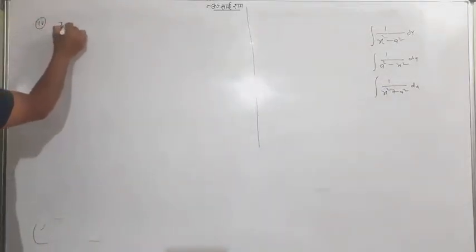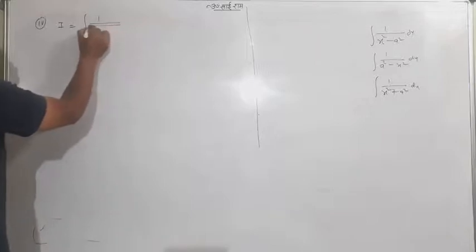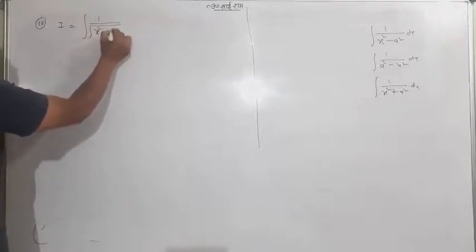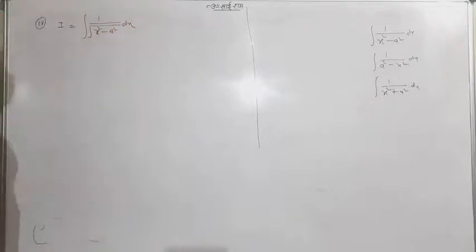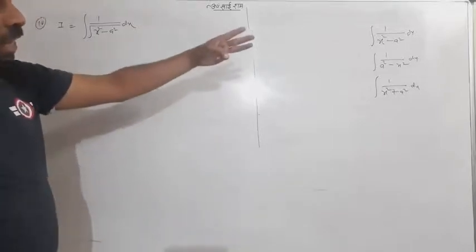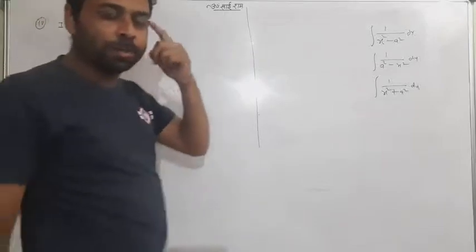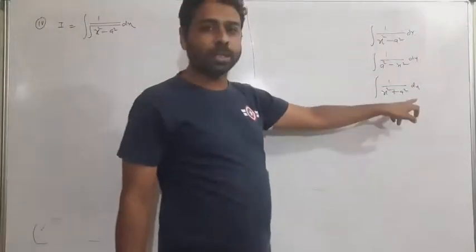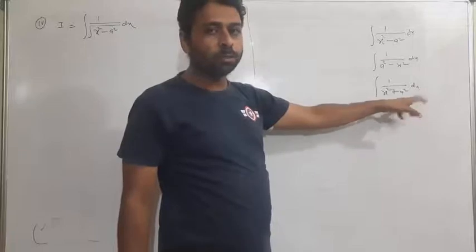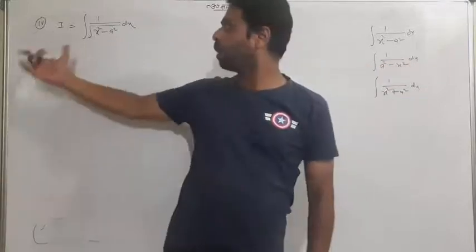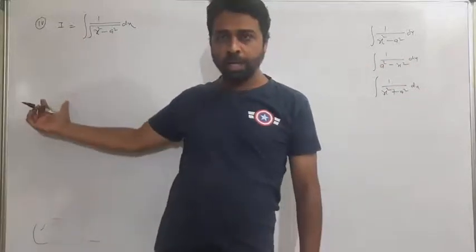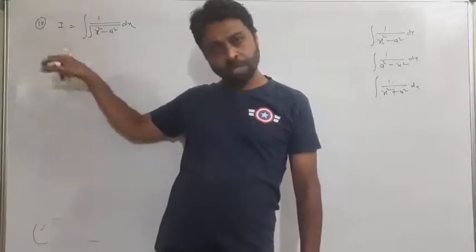The fourth one is 1 upon root of x square minus a square. These are the same kind of formulas, but with the under root sign. Remember that the previous formulas were all 1 upon without under root, three cases. Now the upcoming 3 formulas are 1 upon, but with the under root sign.